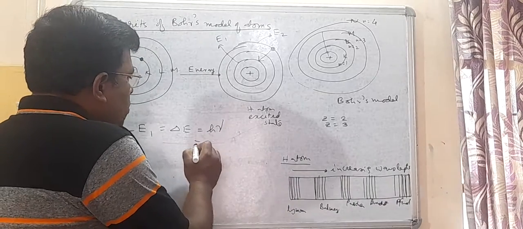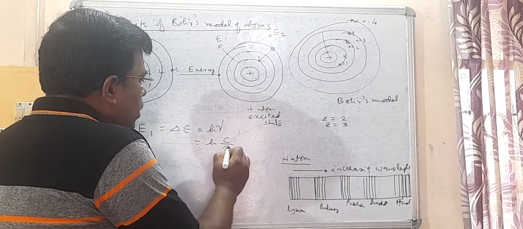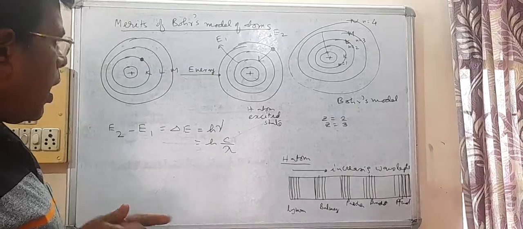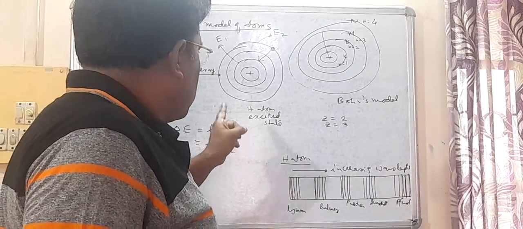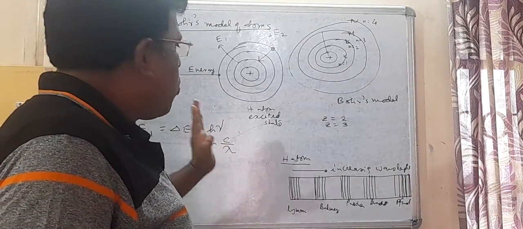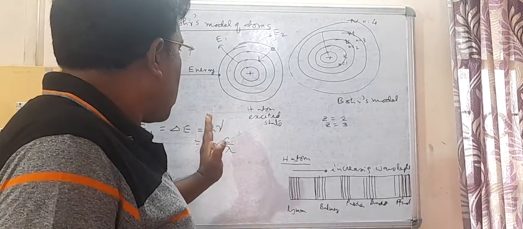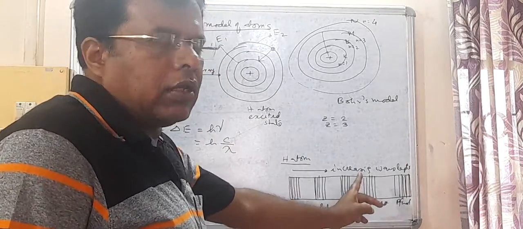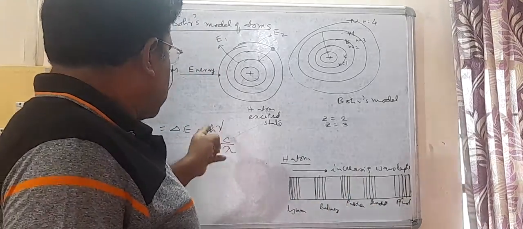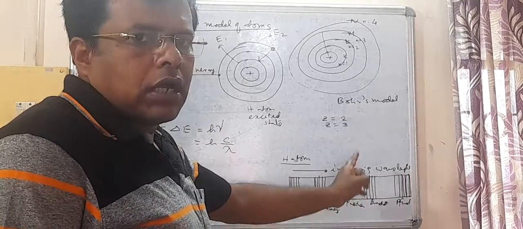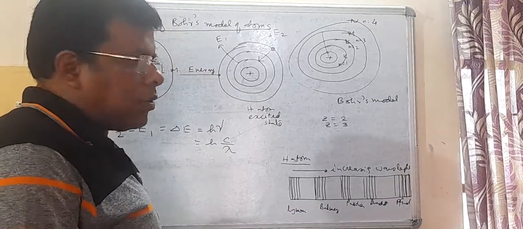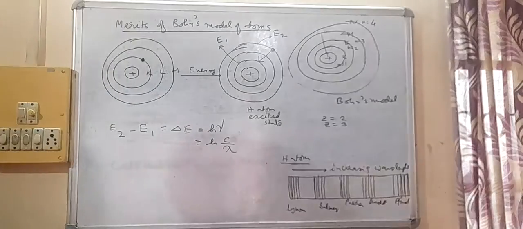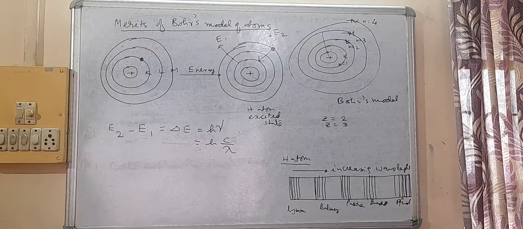There will be radiation emitted of wavelength lambda, and this radiation will account for one line. So this radiation will cause a line in the hydrogen spectrum. So in this way we can account for spectral line.